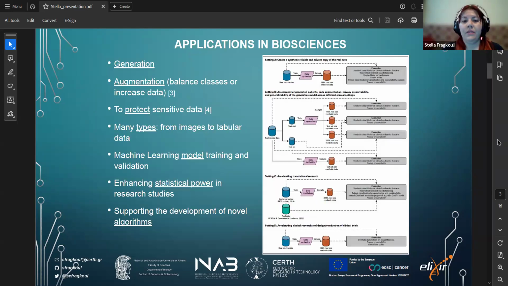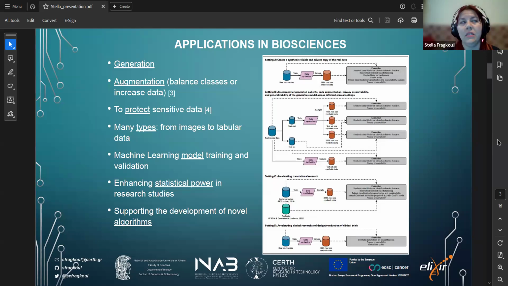A little bit about the applications in biosciences of synthetic data is that, of course, we can generate data itself. We can perform augmentation. For example, if we do not have enough cases for a use case, then we can replicate that.